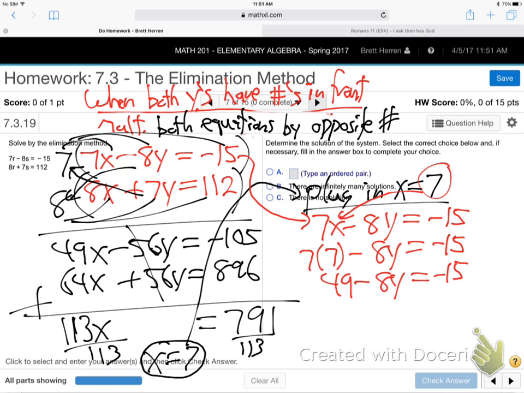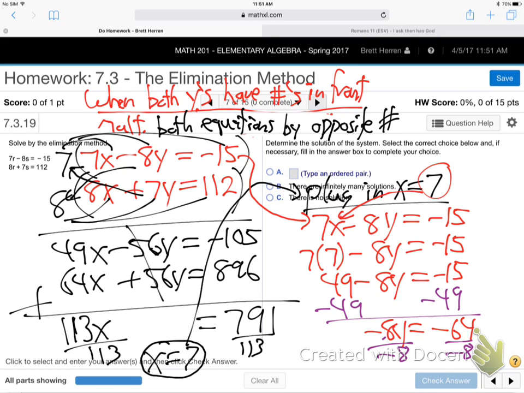How do you finish getting y alone there? Subtract 49. Yeah. So minus 8y is something. Minus 64? Yeah. And then divide by, what do I divide by here at the end? Yeah, the identical twin.